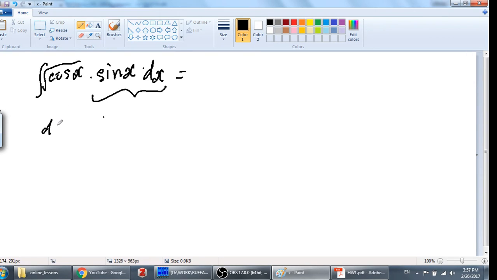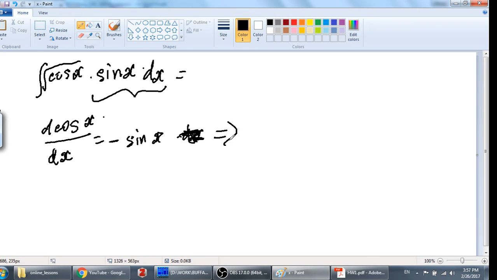If you remember, the derivative of cosine x with respect to x is minus sine x times dx. And right now I'm being a little bit more rigorous in my notation.